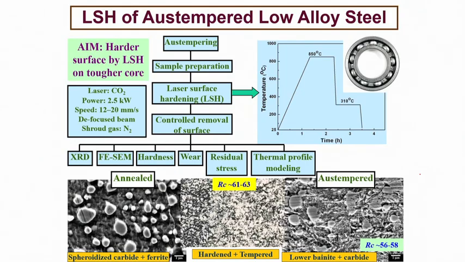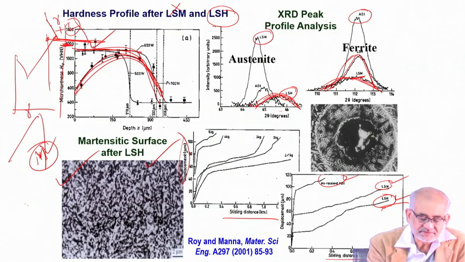So one has to know how to control the process parameters, and these process parameters essentially are power density and interaction time.